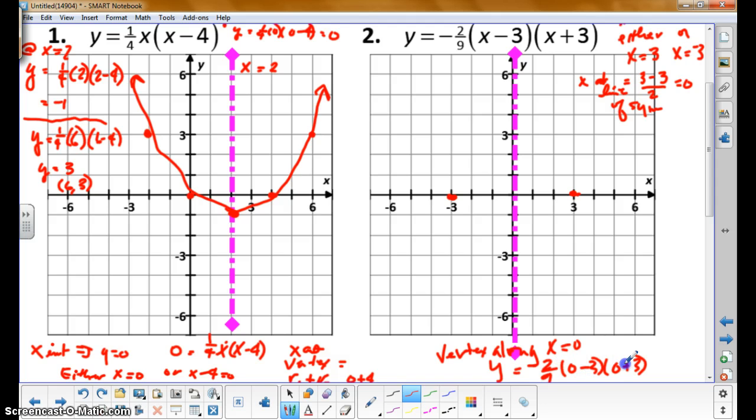So negative 3 times 3 is negative 9, times negative 2/9 is a positive 2. So there is our line of symmetry, and our vertex is going to be x is 0, y is 2.